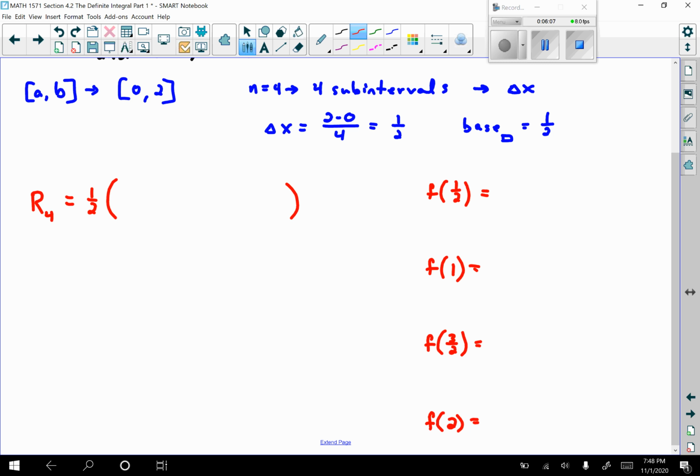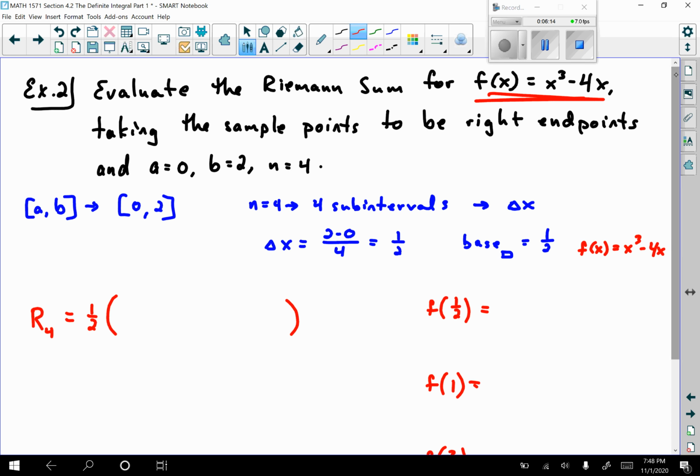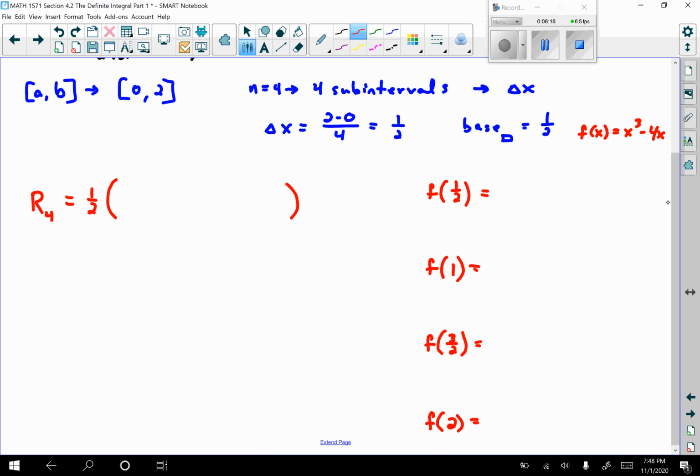All right, so again, we're looking at f of x equals x cubed minus 4x. I just brought that down here so I don't have to keep scrolling back up. Here we're going to have 1/2 cubed minus 4 times 1/2.